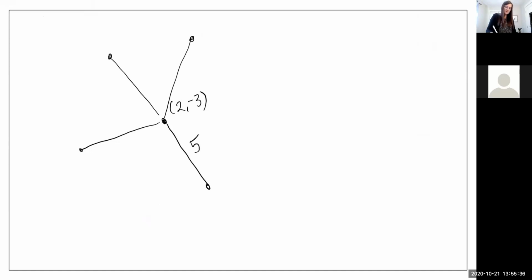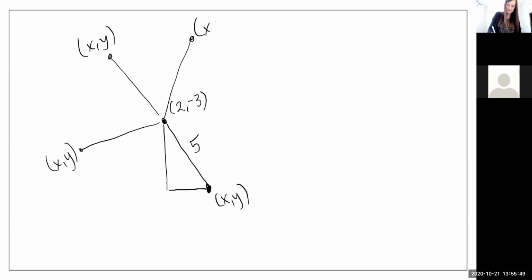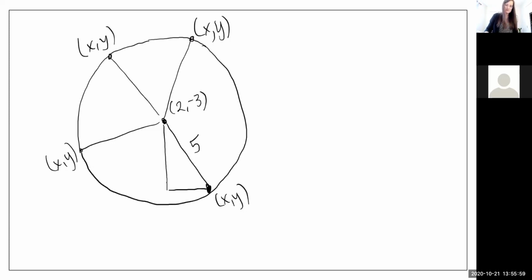And the way we go 5 away is there's an x component and a y component. So this is an xy on my equation. xy is general of any point that is satisfying the equation. It's going to have a lot of answers, and those answers are going to form the circle, right? Okay.